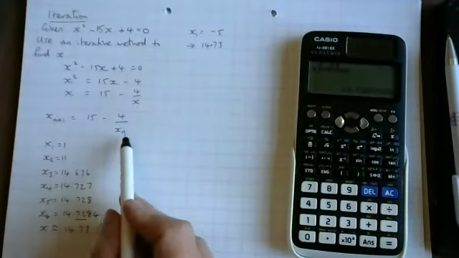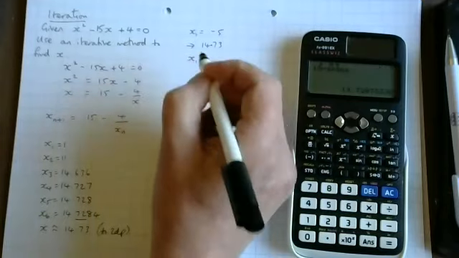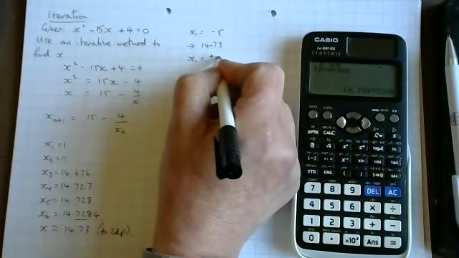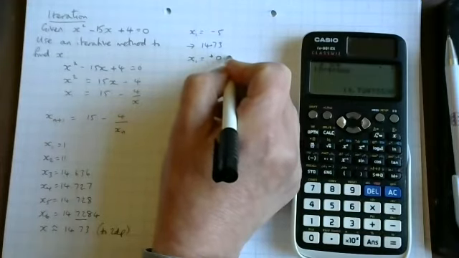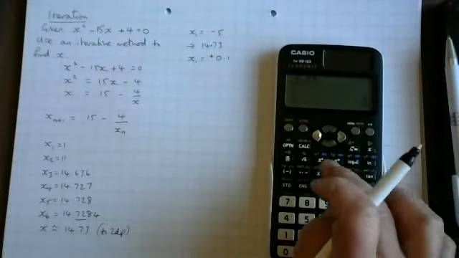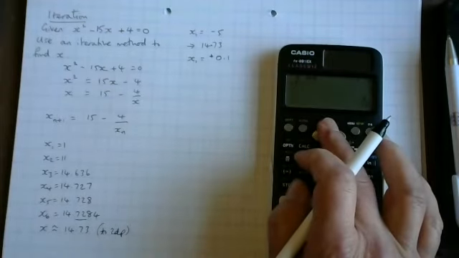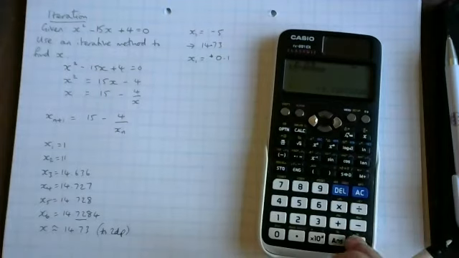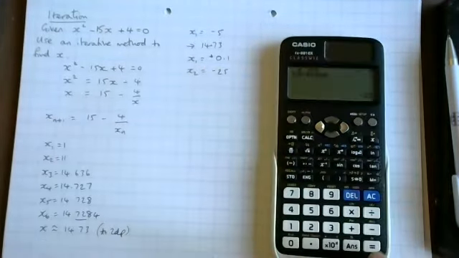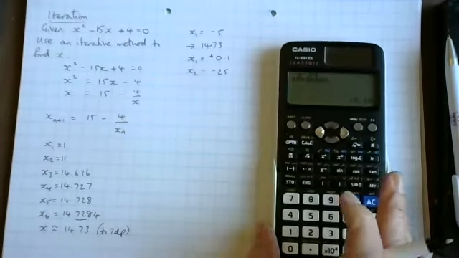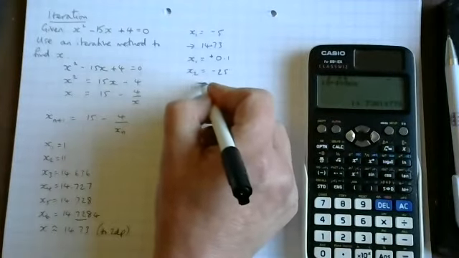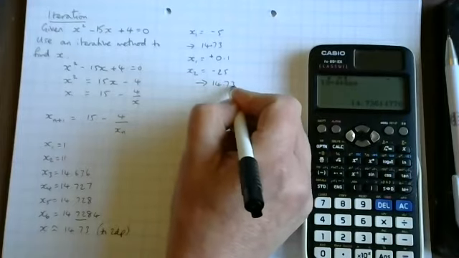Let's try x1 is 0.1 equals, and then we've got back up to my formula, x2 is -25, oh dear, 15, next one, 14.7, never mind, we again tend to 14.73.